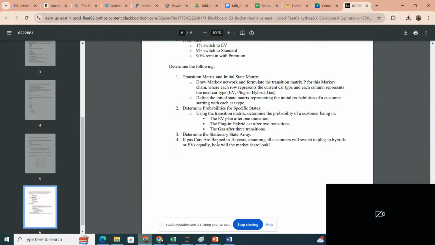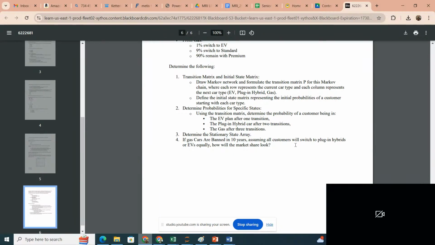Let's assume the gas car was banned after 10 years. Okay, so let's assume your market share goes either to EV or plug-in hybrid, and all the customers will be distributed equally. So whatever percentage was originally for EV and whatever percentage originally was plug-in hybrid, they will take the customers from there.